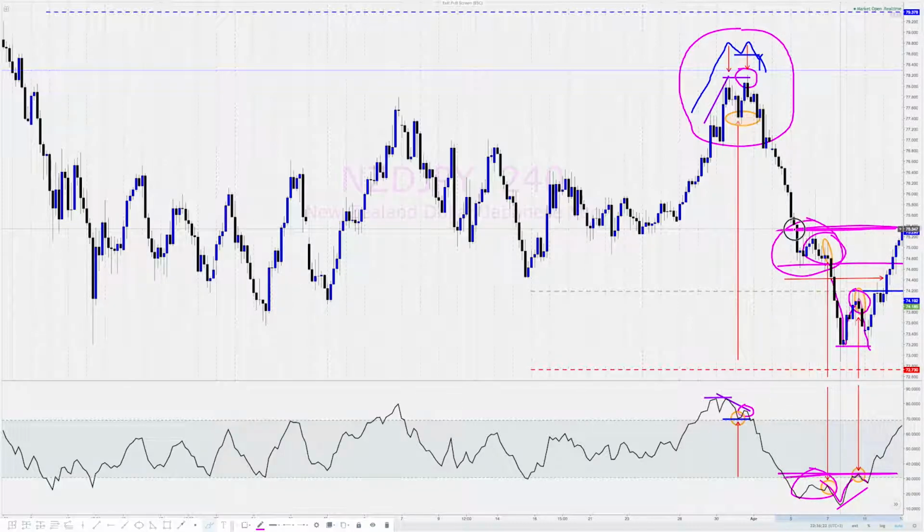RSI made a new high as far as this area here. Price has not made a new high yet as far as the corresponding area in the RSI.